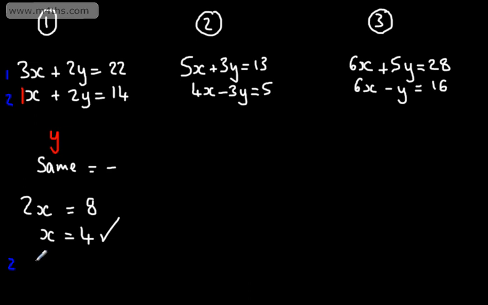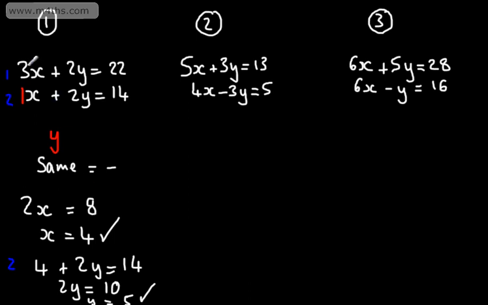So for equation 2, we now have 4 plus 2y is equal to 14. We're now going to solve this simple equation for y, subtracting 4 from both sides. We've got 2y is going to be equal to 10. So y is going to be equal to 5. So the solutions to our simultaneous equations are x is equal to 4 and y is equal to 5.